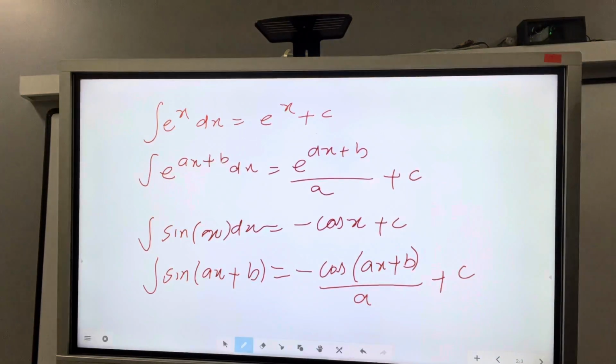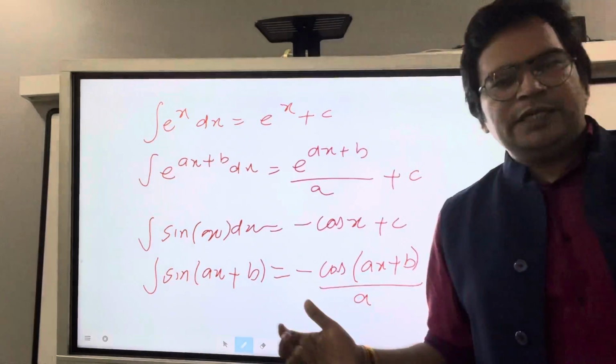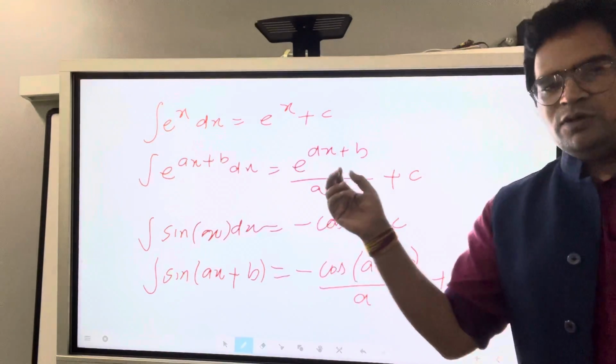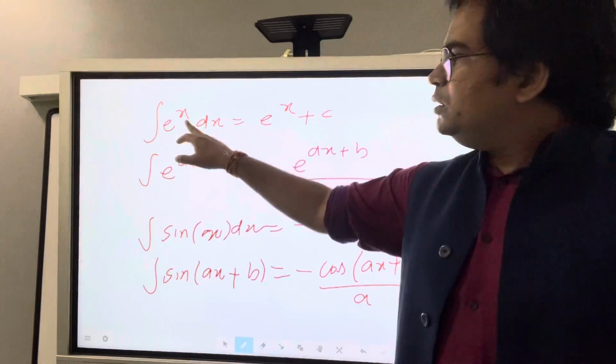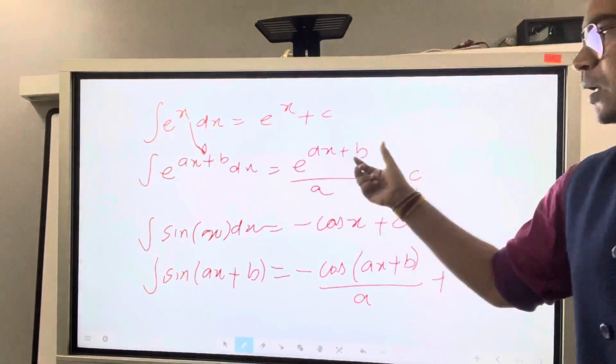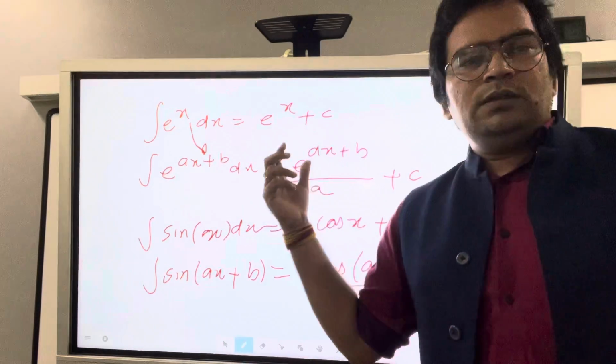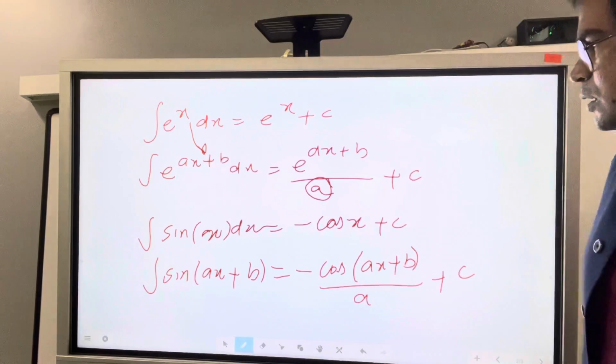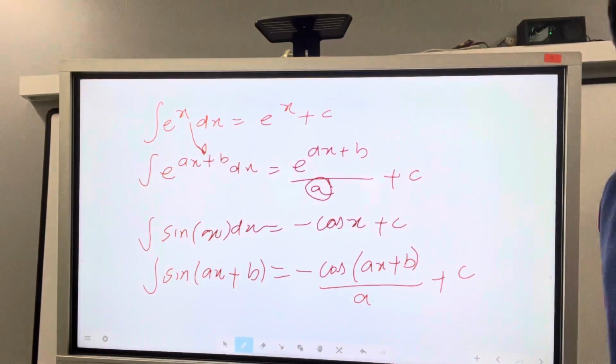So that's about the indefinite integration. Some of the formulas I'm not writing here, but the logic is the same. If you're replacing x with any other linear function ax plus b, you just divide by the coefficient of x, which is a. So this is just the recap part of it.